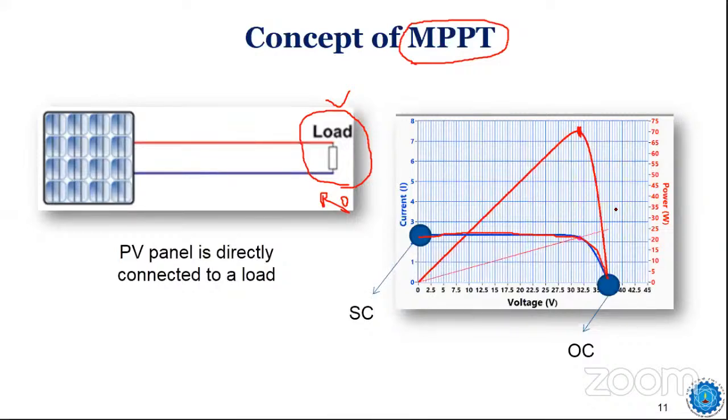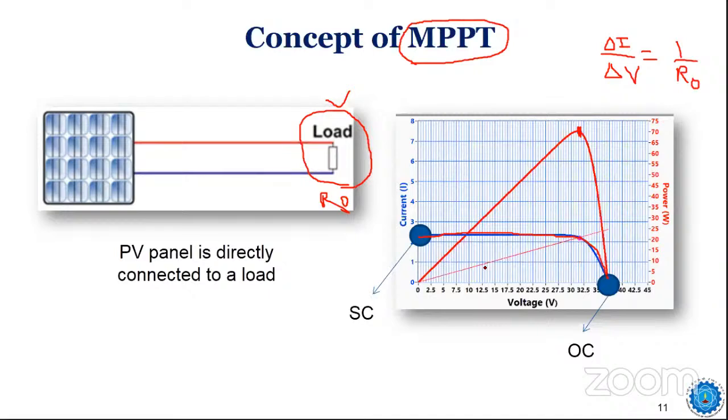If you look at the slope of this line, that is del I by del V, it will be equal to 1 by R naught, right? You all know this relation already. Del I by del V will be equal to 1 by R naught.